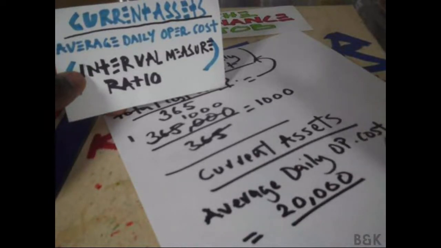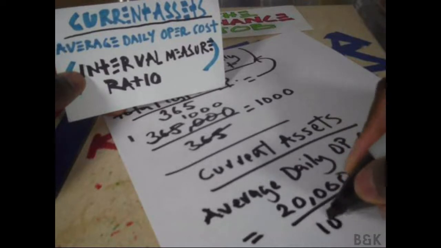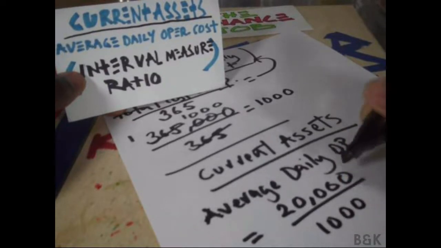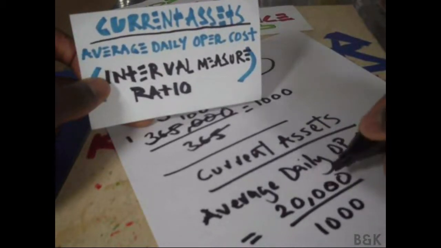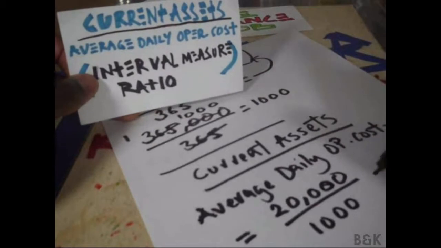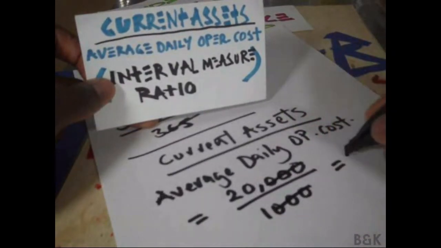So $20,000 in current assets, and our average daily operating cost is $1,000. So to keep paying our bills on a day-to-day basis, we're going to be liquidating stuff, but we only have $20,000 worth of stuff. So guess what? We're only going to be able to last, take out my zeros, only 20 days.